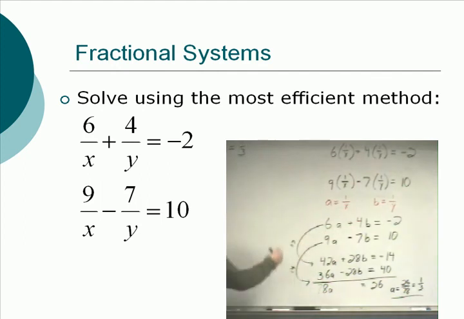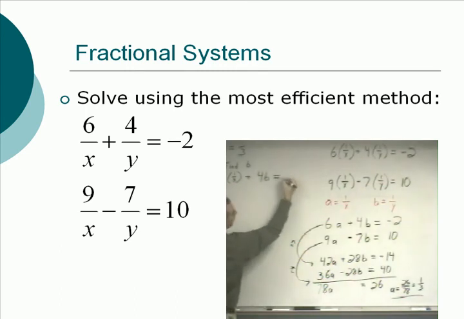Let's grab this one. 6 times 1/3 plus 4b equals -2. 6 times 1/3, 2 plus 4b equals -2. Subtract 2 and we have 4b equals -4. So b equals -1.